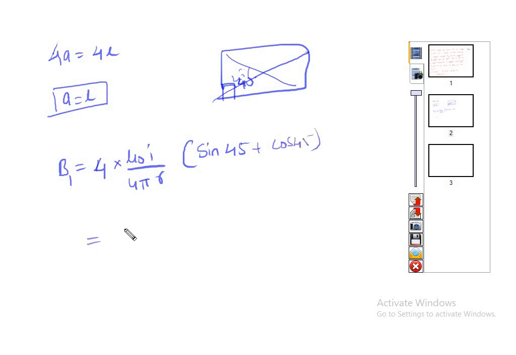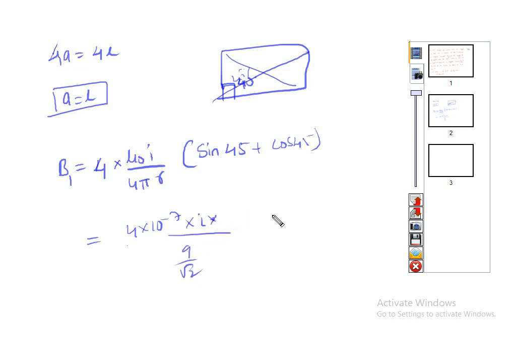So it will be equal to 4 into 10 to the power of minus 7 into I, and the radius you can simplify as a by root 2.